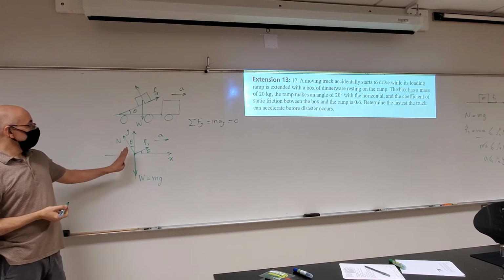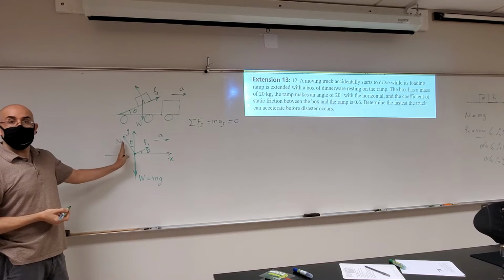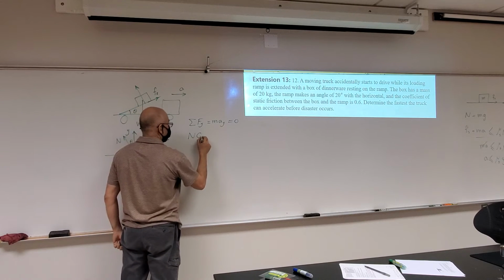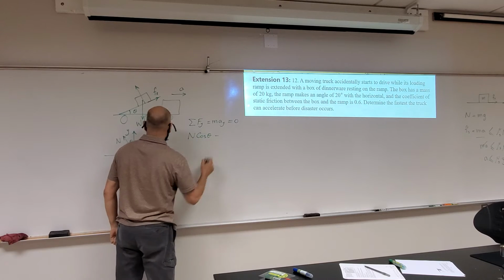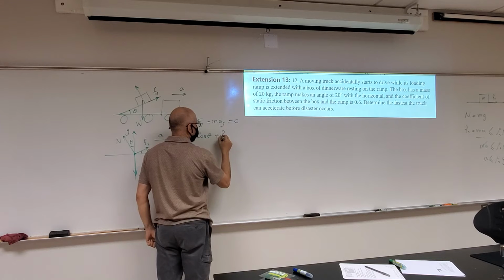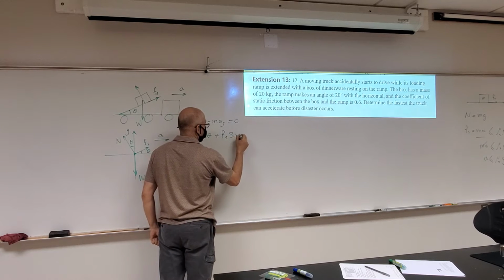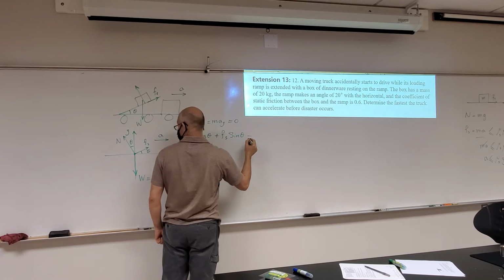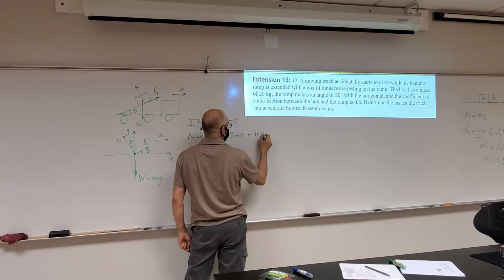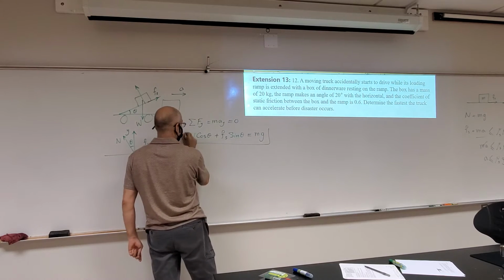So we get N cosine theta plus Fs sine theta minus mg equal to 0, so it becomes equal to mg, right? Yeah. So this is one equation.